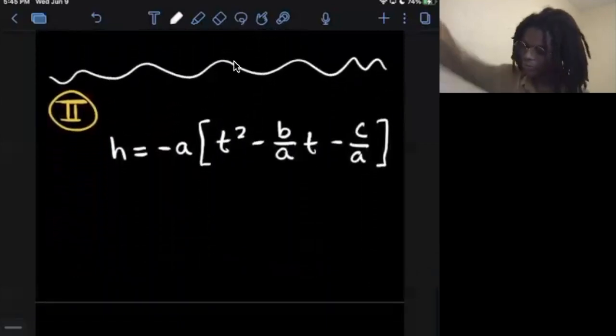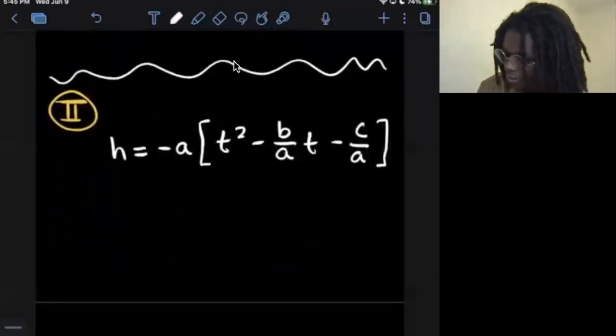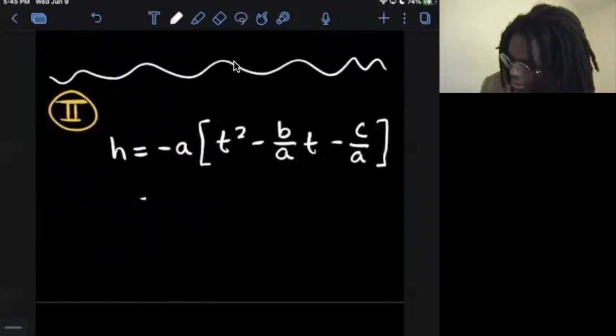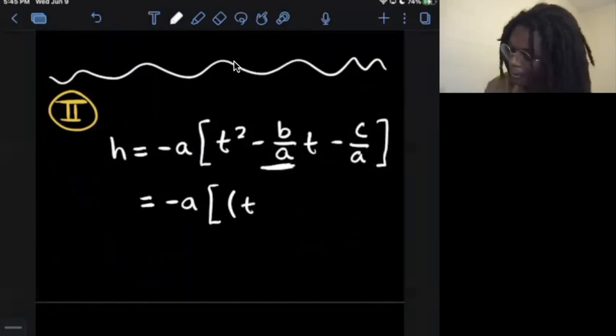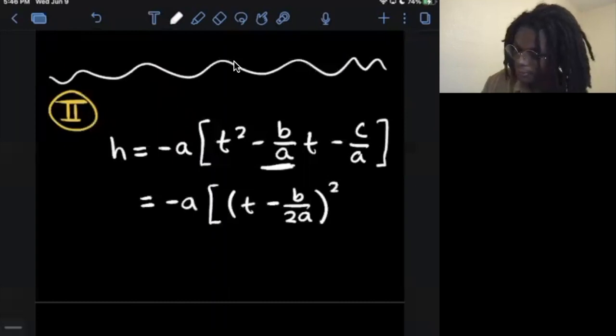Now let's remind ourselves how to complete the square. We'll have a parentheses t. We're going to take half of this middle term and put it right there. So half of this middle term is going to be negative b over 2a. And we can close the parentheses and square it.